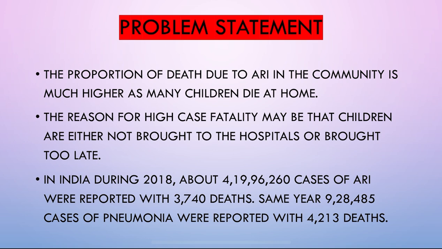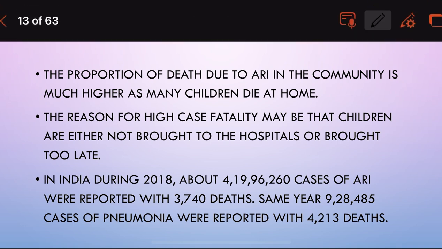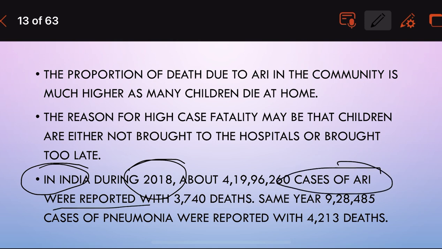In India, during 2018, about 41 lakh 96,260 cases of ARI were reported with 3,740 deaths. So we see that in India, during 2018, the cases of ARI were very high and the deaths were also recorded.